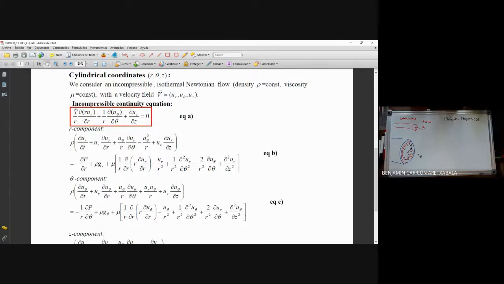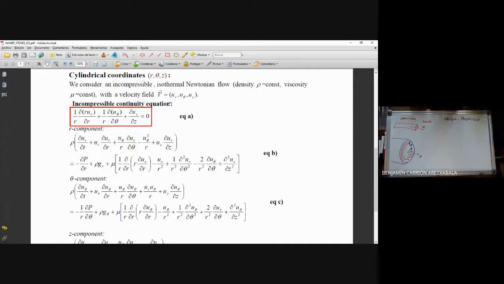Now we get this 1 over r in front of the velocities. I'm not going to go into the details of why they appear, but it has to do with the Jacobian of the transformation. It doesn't really matter for us, so you can just use it as a given.